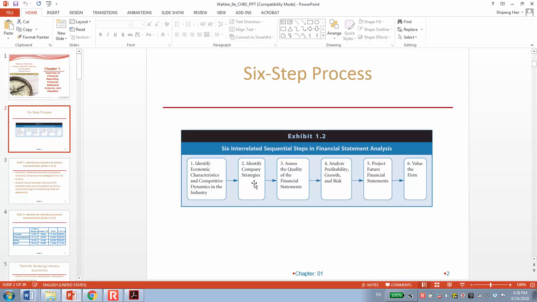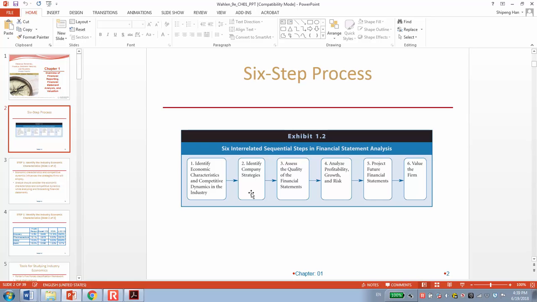In other words, the financial statements, the numbers, and the profitability and risks are outcomes of the strategies. So we should also learn the company's strategies. That's part 2. We also have multiple tools and methods to learn a company's strategies.